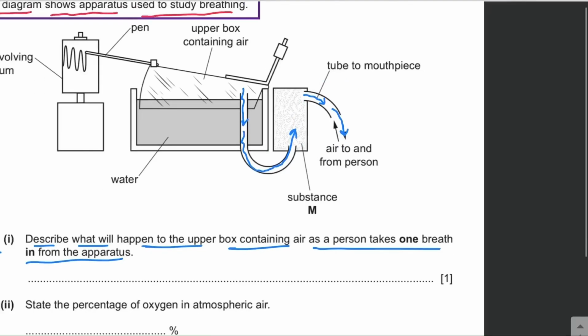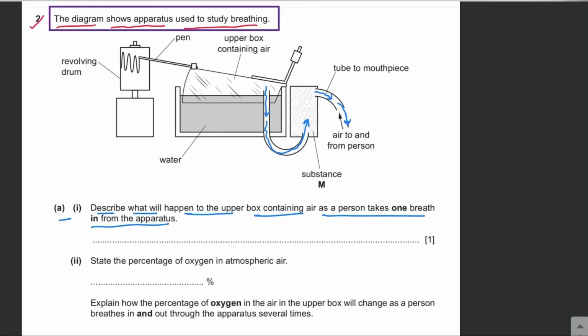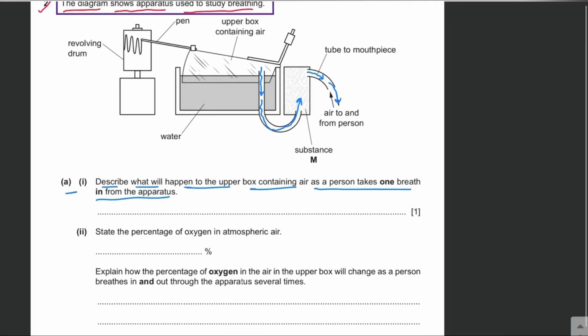So when the person takes one breath in from this apparatus, the upper box will fall, or we can say it collapses, right?